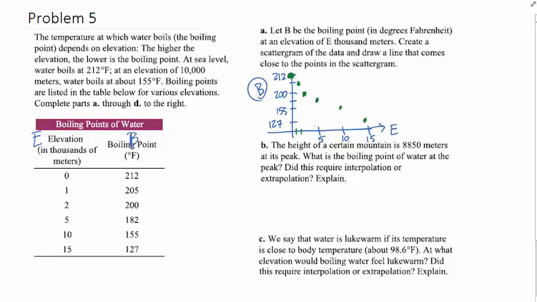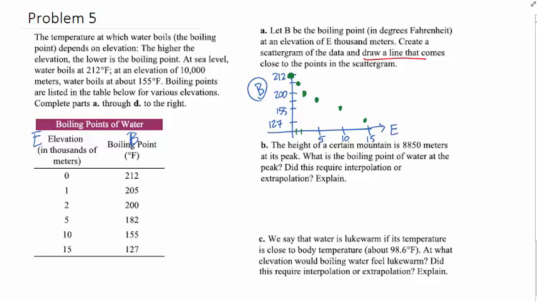Okay, so it doesn't fall exactly in a straight line, which is okay. But they do ask us to draw a line that comes close to the points in the scattergram. So this is just a little bit of eyeballing and estimating.